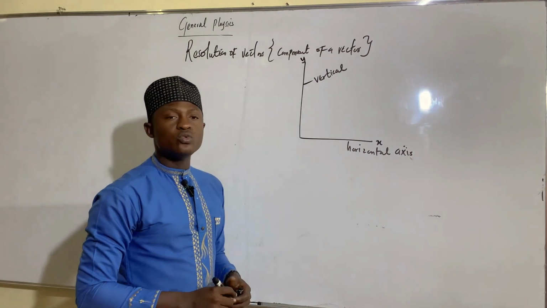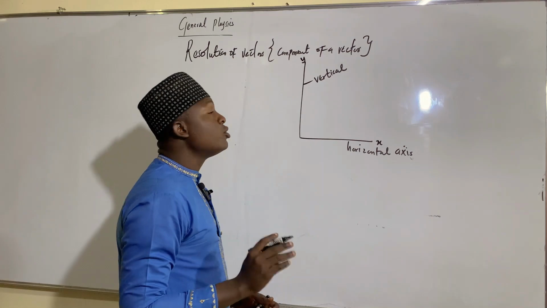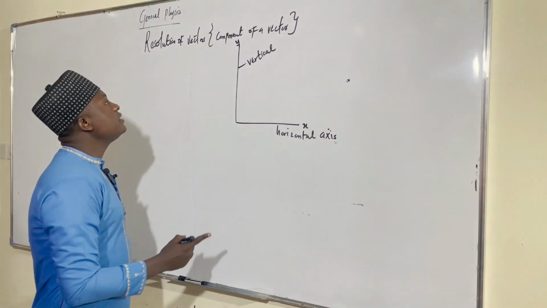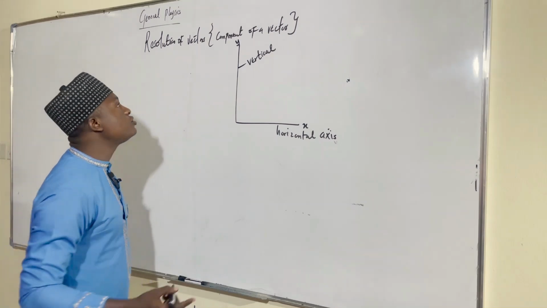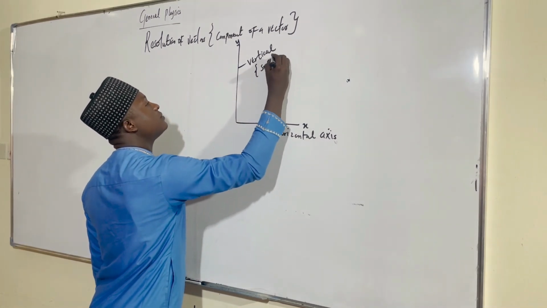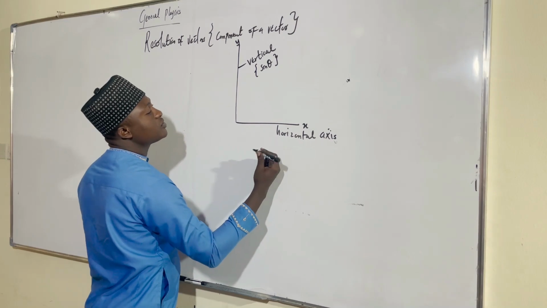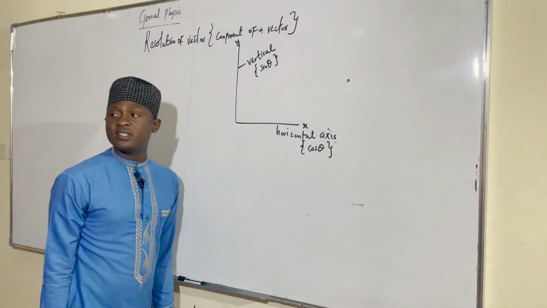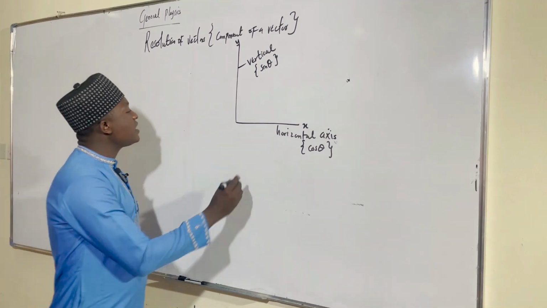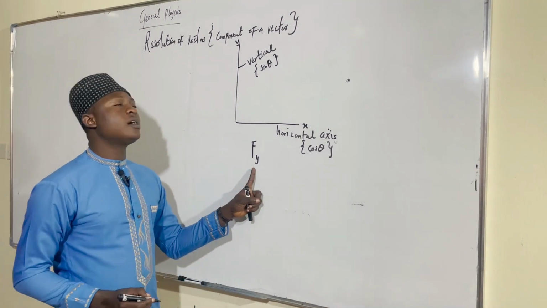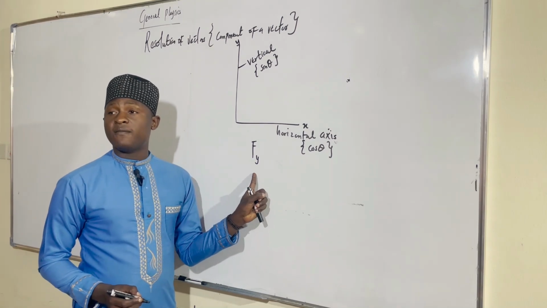Now, if I'm resolving vectors in any of these two, depending on how they give the problem, but mostly, if I'm resolving a vector or a force through the vertical, we make use of sine. You need to have this at the back of your mind. If it is horizontal, I'll be making use of cos. Please take note of that. If I say F of y, that means I'm referring to the force along the y-axis, which is the vertical.